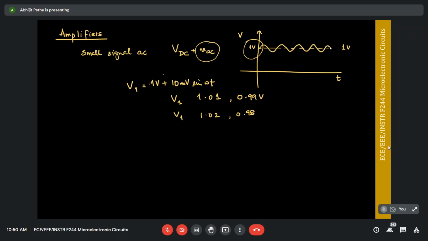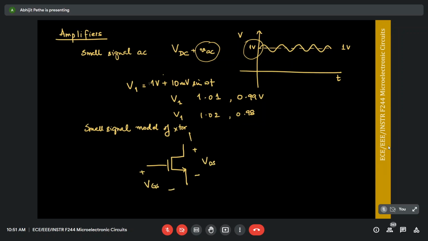So in that case, we're going to talk not only about the large signal model of the amplifier, we're going to talk about small signal models of the transistors. That is, think about a transistor which is biased with some VDS, some VGS, and some IDS flowing through.